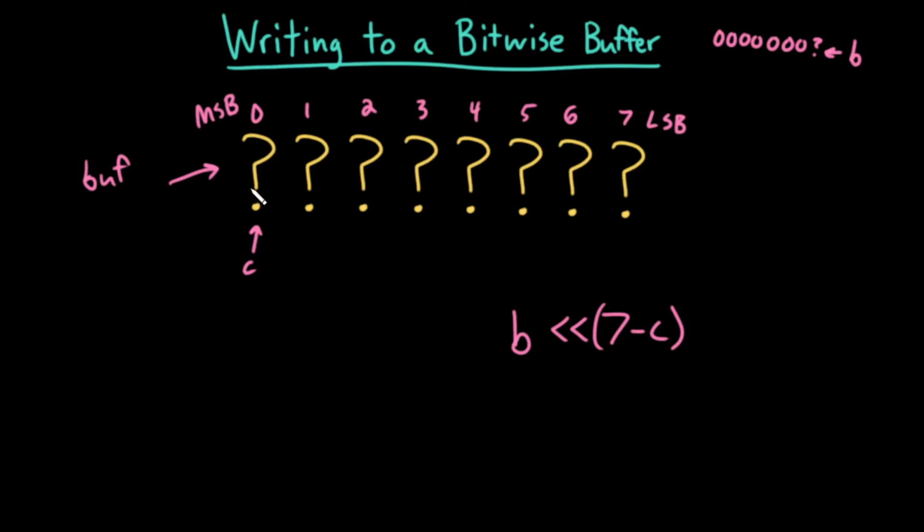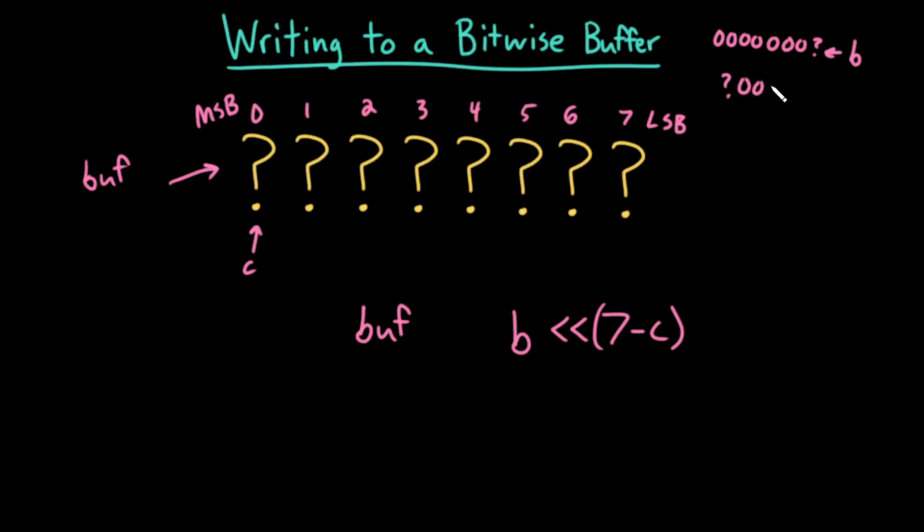And I want to set this bit using this. So remember, my bitwise buffer is initially empty. So initially, all the bits are 0. If I want to set this bit, when I know this bit is initially 0, I can take my buffer. So let's say that I move this over 7, for example.